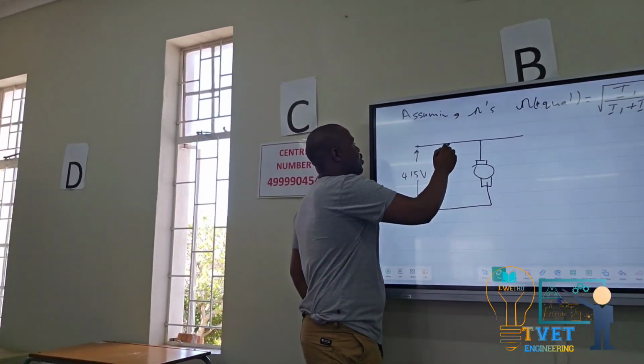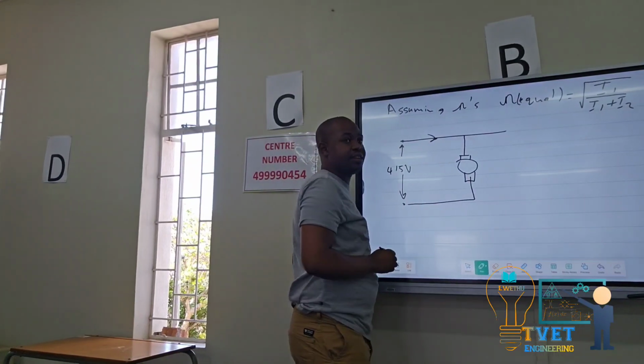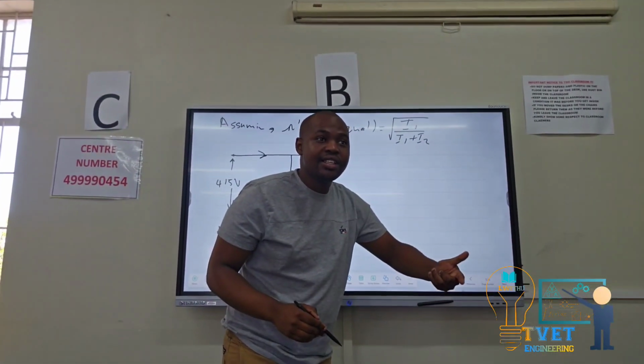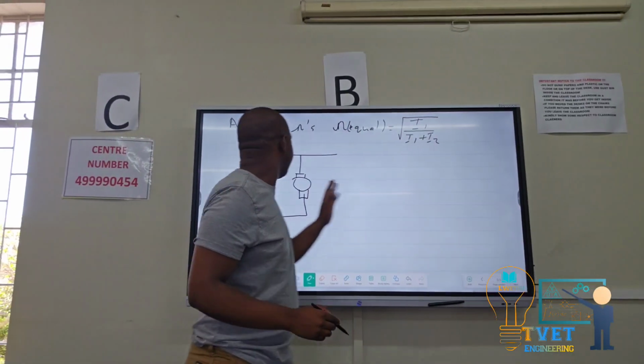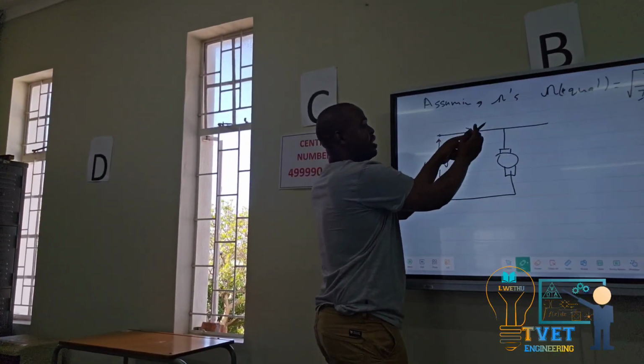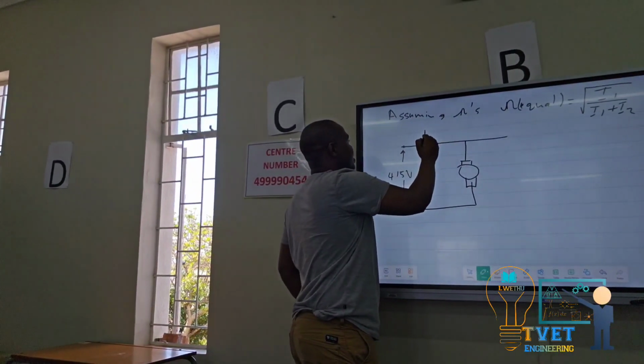The current drawn from the supply: where is my supply? This is my supply. So here is the current drawn from the supply.